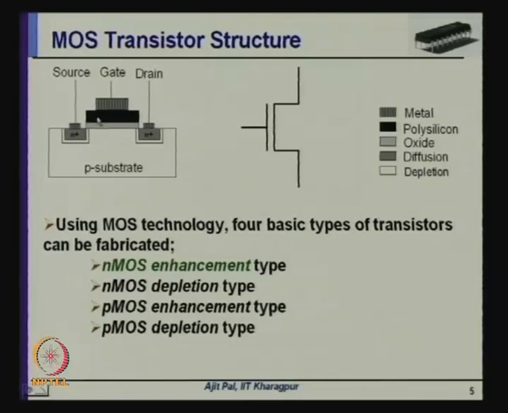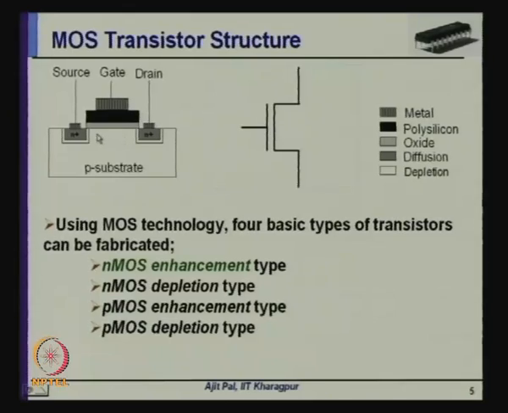drain. Since in this particular case you are applying a voltage to create the channel, that means you are creating an inversion layer, and by controlling the gate voltage, the flow of current between the source and drain is controlled, and that is the reason why it is called an NMOS enhancement type transistor.